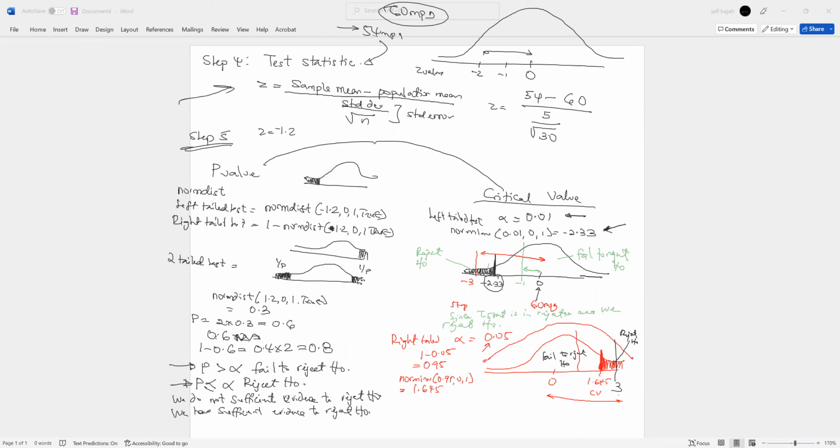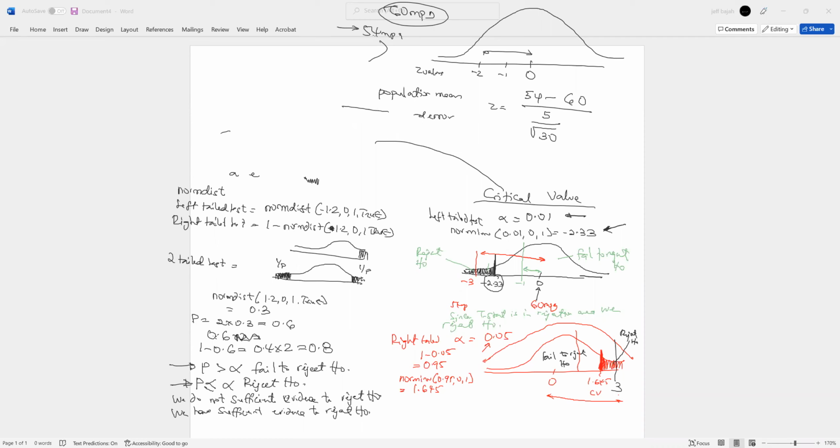Now, let's look at the third one. Supposing, and I'm going to create space here because we're running out of space, we have a two-tailed test, right? And this is where it gets kind of fun, right? So two-tailed test, it's like this.